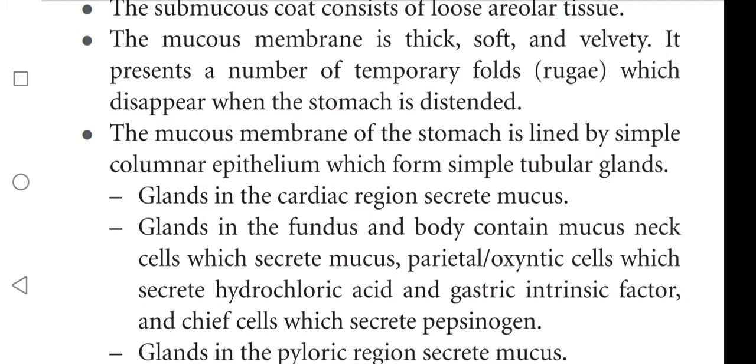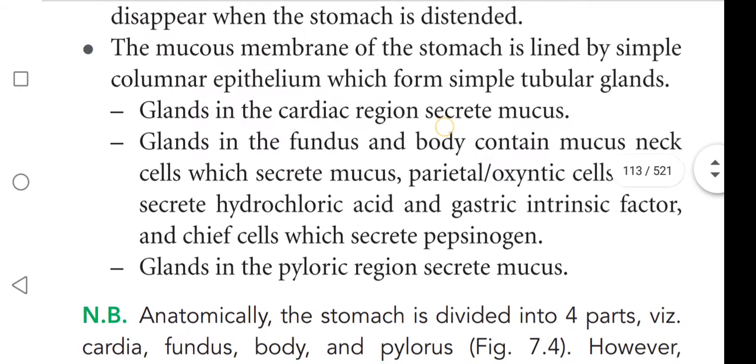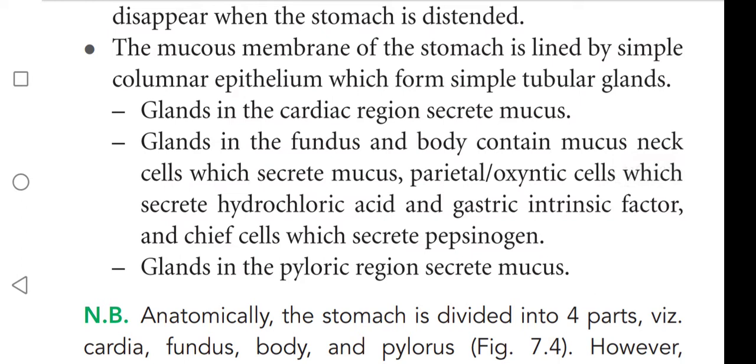Glands in the fundus and body contain mucous neck cells, which secrete mucus, parietal or oxyntic cells, which secrete hydrochloric acid and gastric intrinsic factor, and chief cells, which secrete pepsinogen. Glands in the pyloric region secrete mucus.